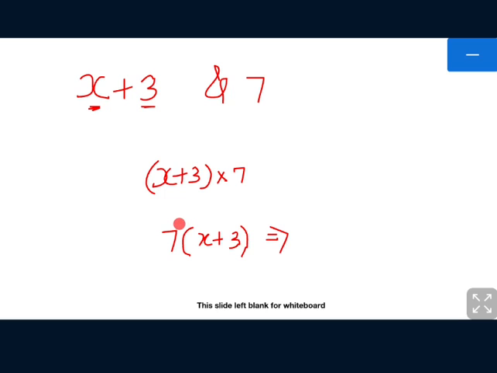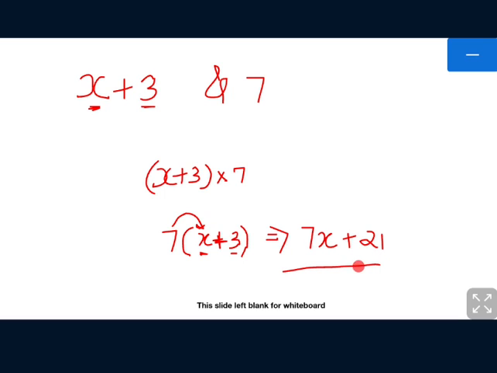So when you have to expand this bracket, what you have to do? Multiply every term inside the bracket with the outside number. You can see there are two terms inside this bracket, so multiply every term with 7. So when you open this bracket, x multiplied by 7 is 7x, plus, because there's a plus sign here, 21.